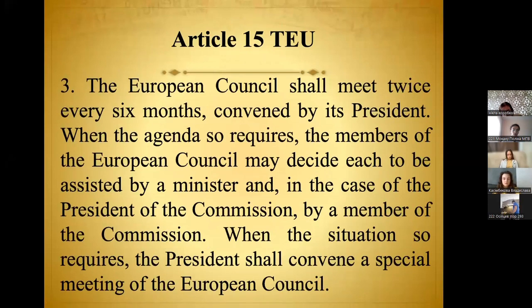The European Council shall meet twice every 6 months, convened by its president. And when the agenda so requires, the members of the European Council may decide, each to be assisted by a minister, and in the case of the president of the Commission, by a member of the Commission. When the situation so requires, the president shall convene a special meeting of the European Council.